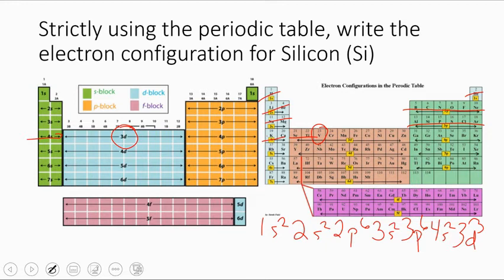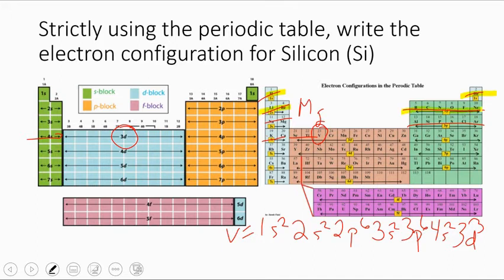Say I wanted to do magnesium. I'm going to leave vanadium down here. What if I wanted to do magnesium? I'll use a highlighter this time.